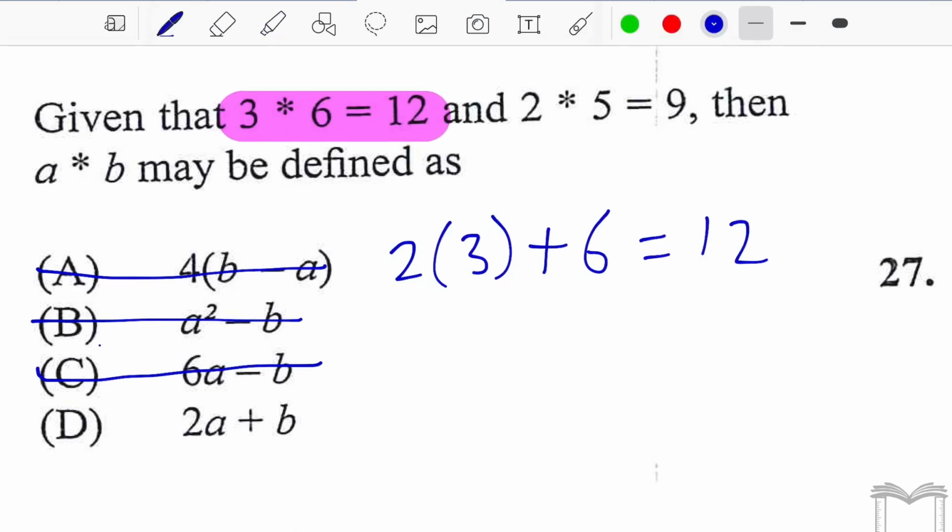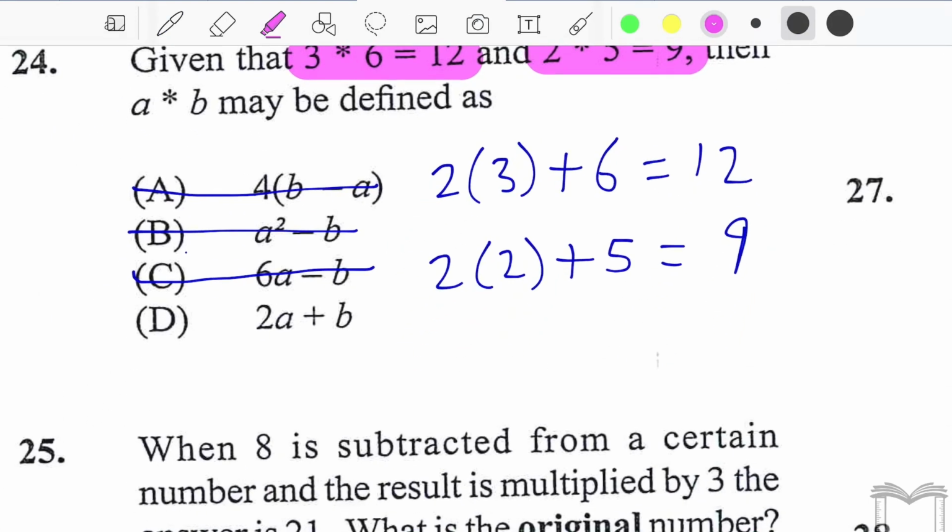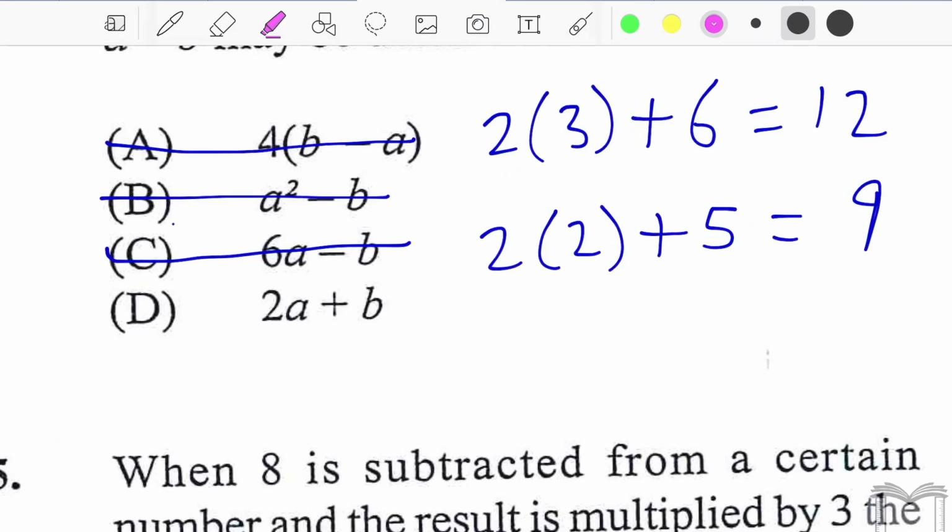So that works well for this first part here. Let's try the second. So that'll be 2 times 2 plus 5. And this is 9, which is correct here. So both of them are correct. So it means that D is correct.